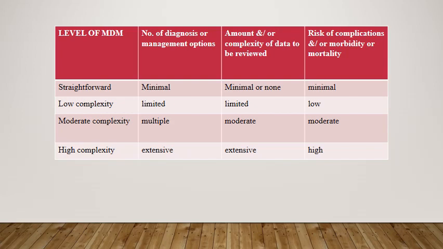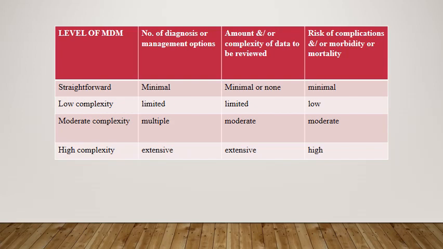Similarly, if the problem table is extensive, data table extensive, and risk table high, it goes to high complexity level of MDM. So the criteria is that at least two among the three should be in the same complexity in order to take that particular complexity.